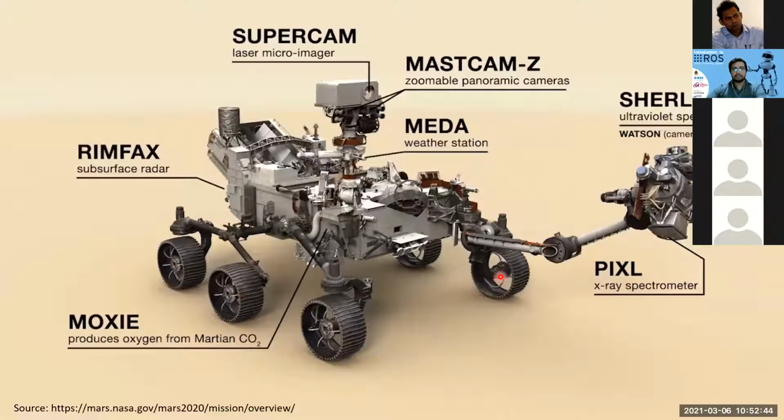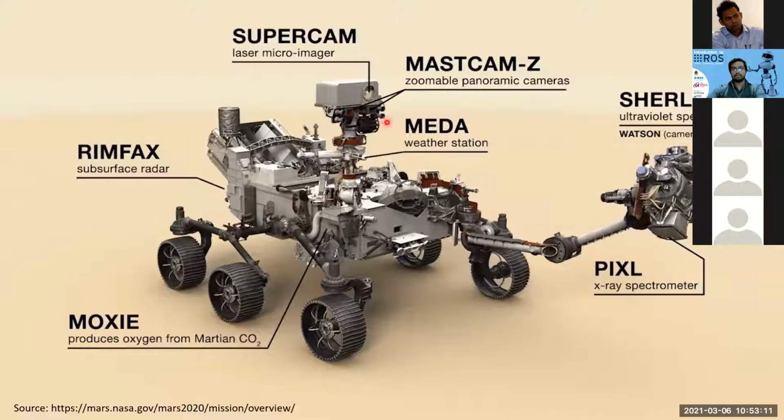The Perseverance rover is an amazing piece of engineering. And as we discussed in the first slide, in order for a robot to do locomotion, it has to interact with its physical environment. In order to do that, this robot has been outfitted with various sensors and systems that can provide it information from its surroundings.